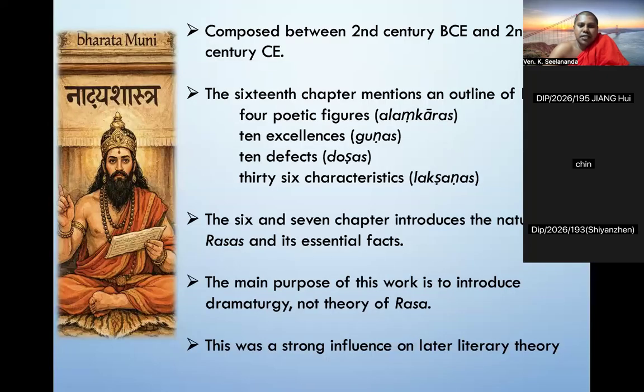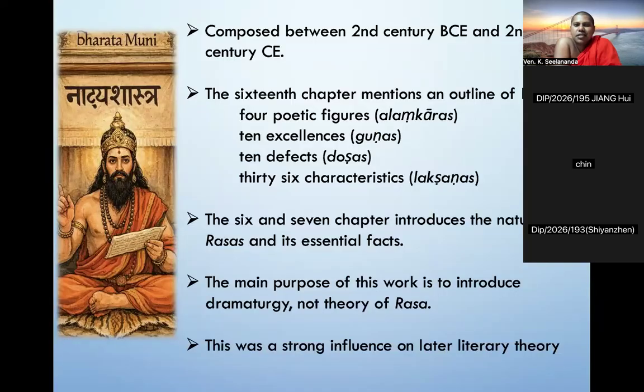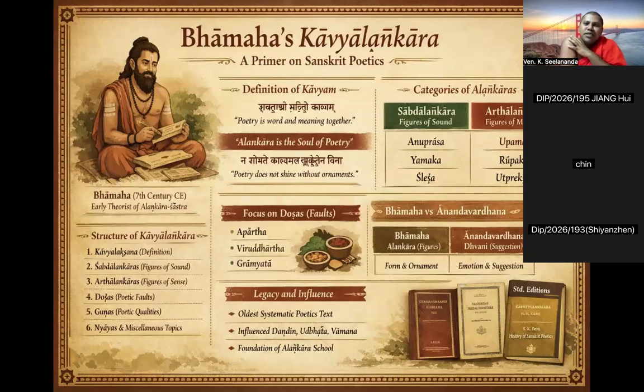After Bharata Muni, Bhamaha is the next Alankarika. He is the first Alankarika in Sanskrit literature, Sanskrit poetics. Bharata Muni just explains these facts; he cannot be considered the first Alankarika. Bhamaha's main purpose is to explain Kavya Alankara or ornaments.